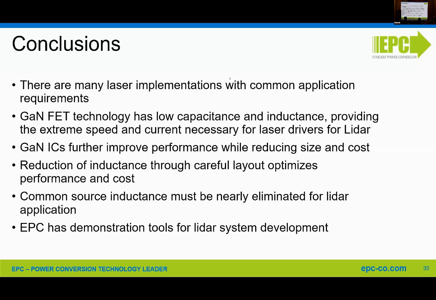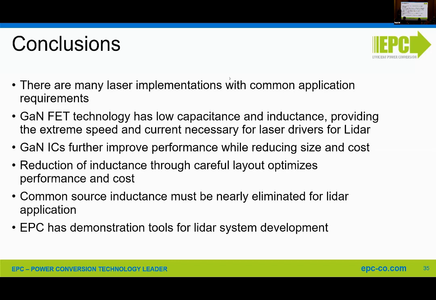In fact, we've had discussions about possibly integrating the boost. And the answer is the inductance of the layout is so important in the laser driver to the function of the LiDAR system that you want that to be all together. And the boost can be over here. That's okay. The detector is a different technology.